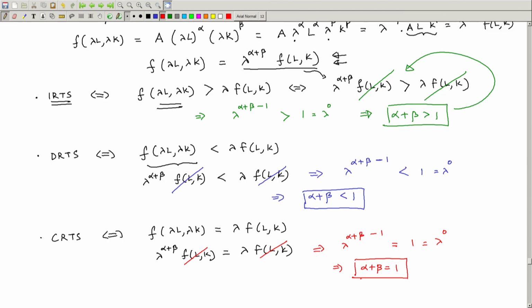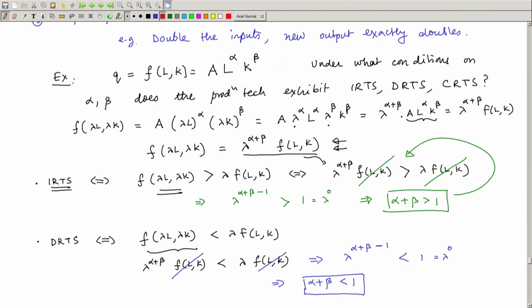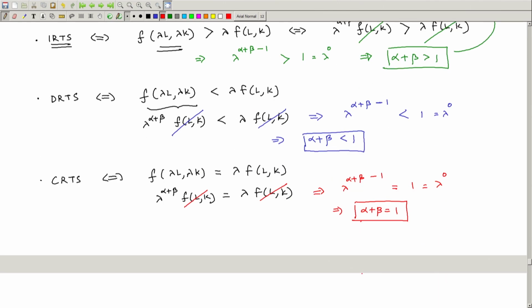So, similarly, if you have different production technologies, you can identify or you can say some things about returns to scale. As an exercise, try the following example. What if your production function f of L k was square root of L k, right? So, you scale it up by a factor lambda and find whether this is exhibiting increasing returns to scale, decreasing returns to scale, or constant returns to scale, right.